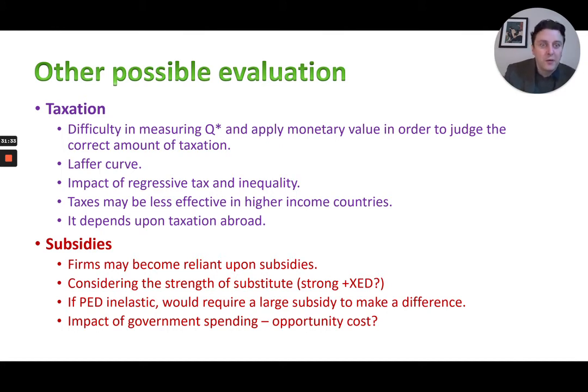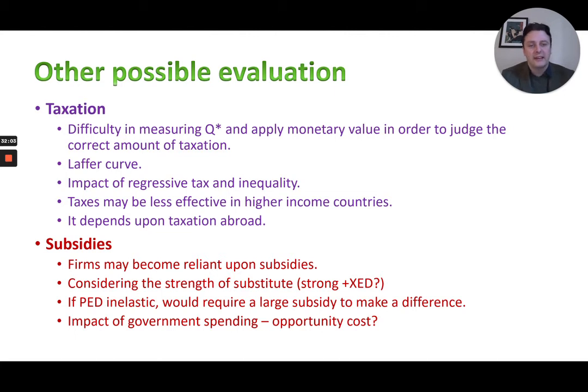You could talk about YED and income elasticity of demand. Is it an inferior good? Is it a luxury good? Taxes may also be less effective in higher income countries. The reason for that is tobacco would be a lower portion of your income than in poorer countries. They also mentioned, I think, in the little extract that 1 in 10 cigarettes are bought in the black market.